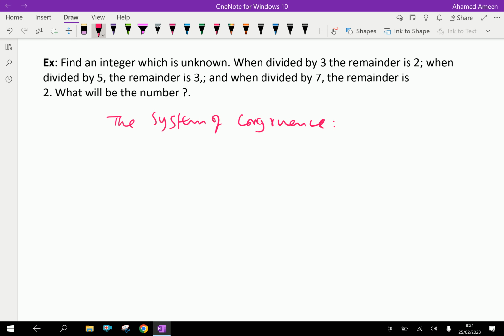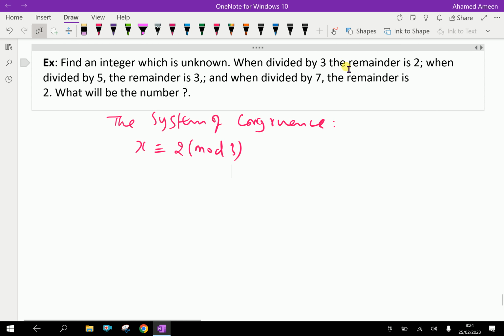From the given information, x is congruent to 2 mod 3. Look at the first sentence: when divided by 3, the remainder is 2. Some number is divided by 3, the remainder is 2, so we write x congruent to 2 mod 3.